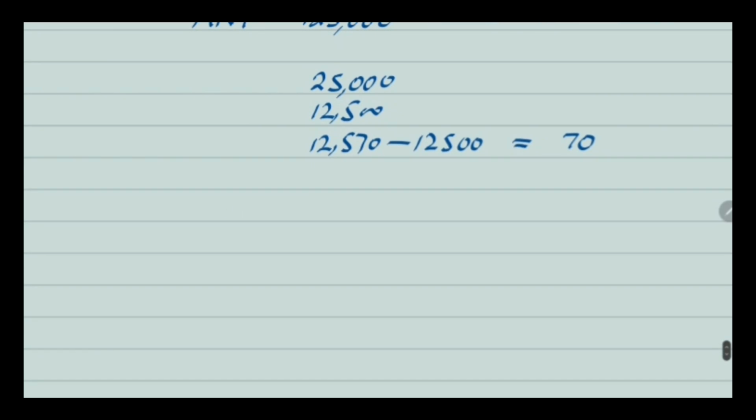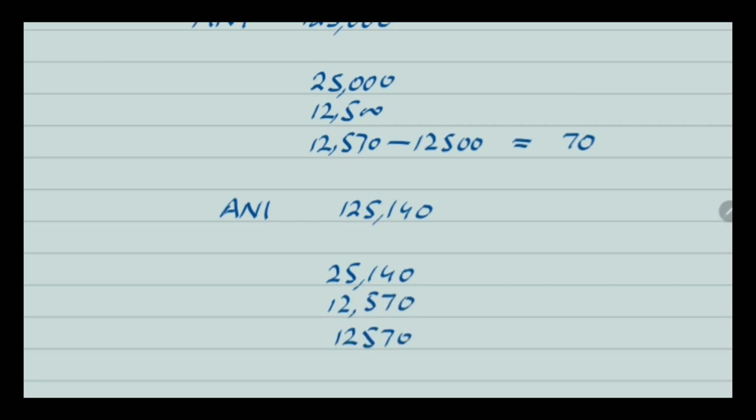And if our adjusted net income is 1,25,140, in that case, the excess portion is 25,140, half of which would be 12,570, and when we deduct this amount from our personal allowance, the remaining adjusted personal allowance will be nil.